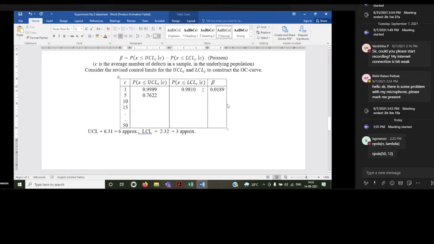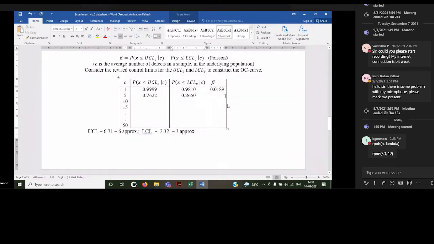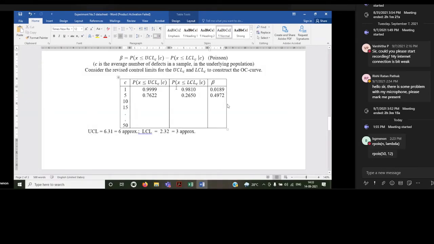It is 0.2650. What is the difference? You subtract the second column from the first: 0.7622 minus 0.2650 is 0.4972.